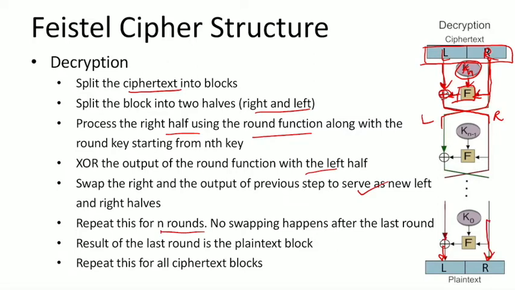So once you do the XOR operation, the output is the left half, in this case the left half of the plain text because we're decrypting, and then the right half of this last round, unprocessed, becomes the right half of the plain text block. Right, and then we repeat that for all the ciphertext blocks.